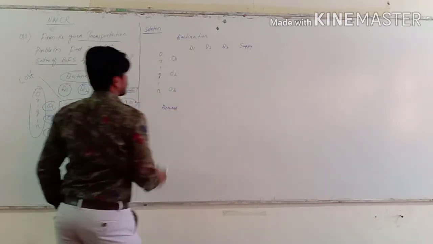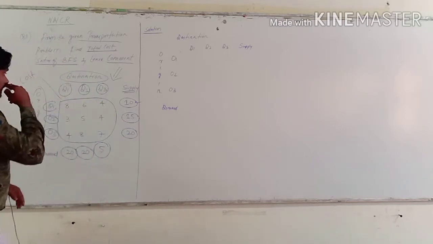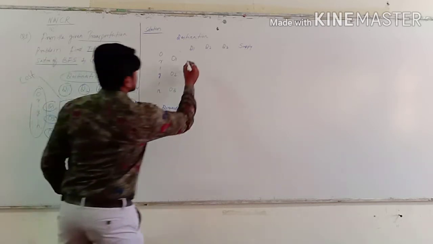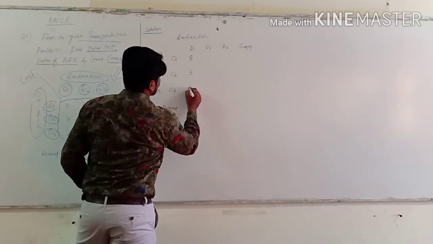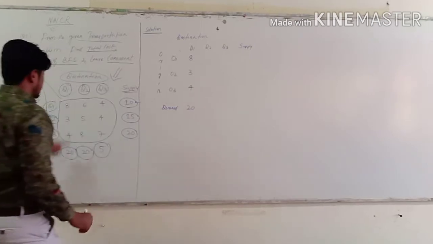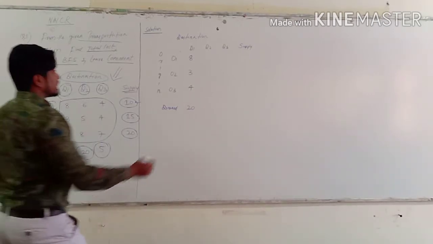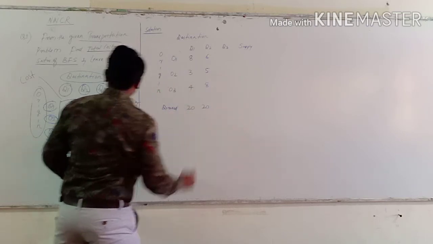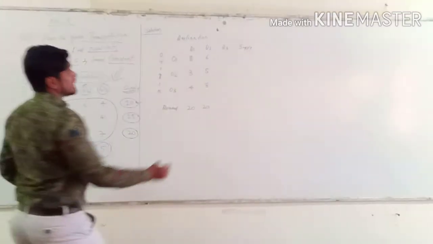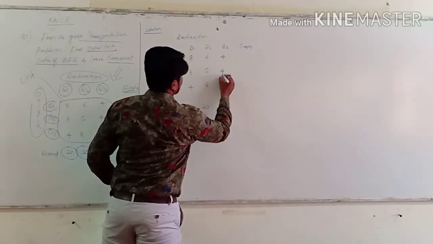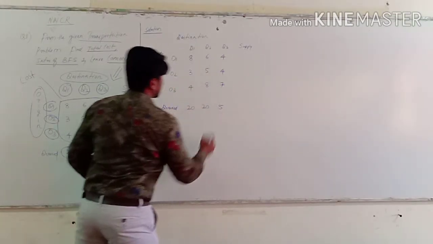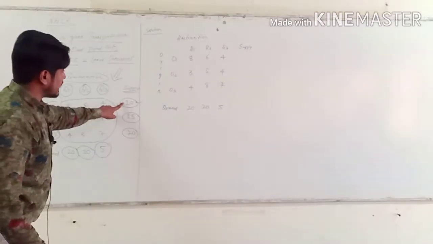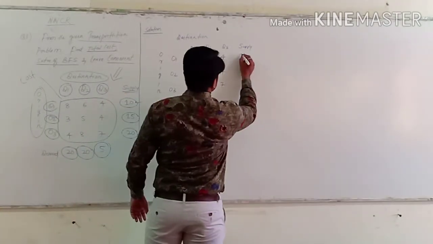Now the costs of the D1 column are 8, 3, 4, then 6, 5, 8, then 4, 4, 7. Likewise, here I write the supply: 10, 15, 20.